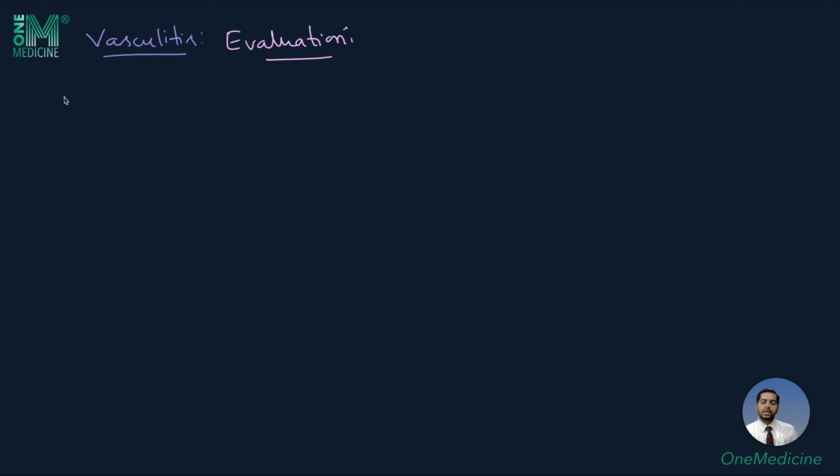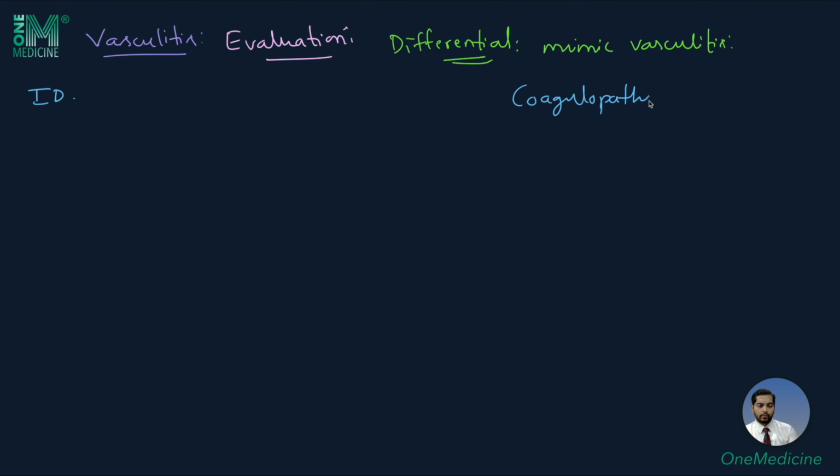In evaluating for vasculitis, it is important to understand the differential diagnosis, and these differentials usually mimic the features of vasculitis. These include infectious diseases, coagulopathy, neoplasms, drug toxicities, and other conditions.